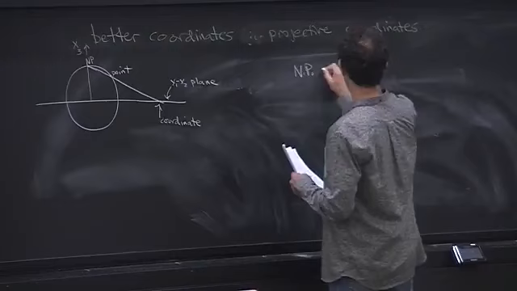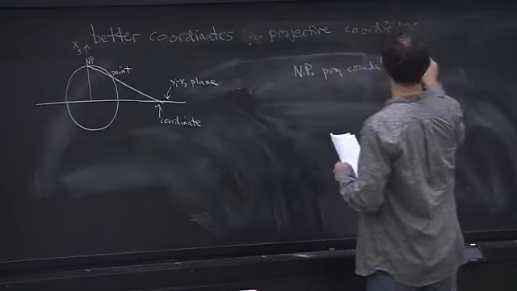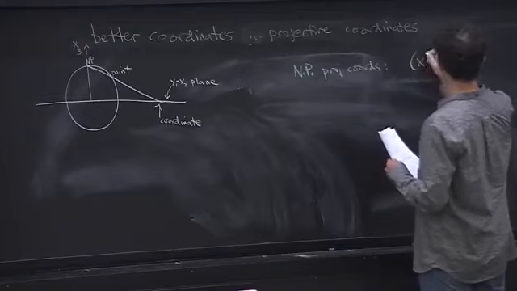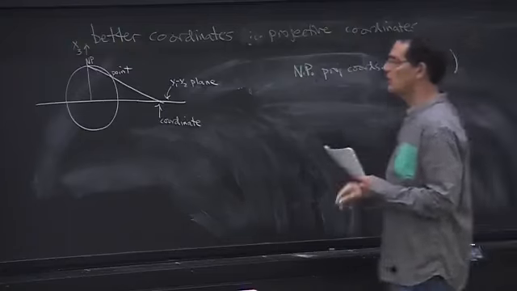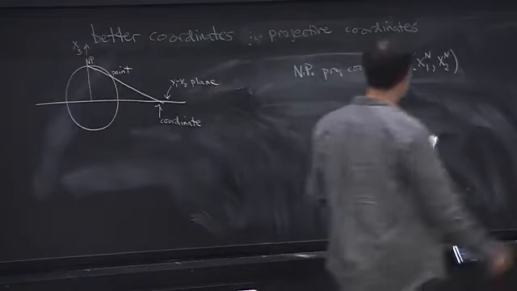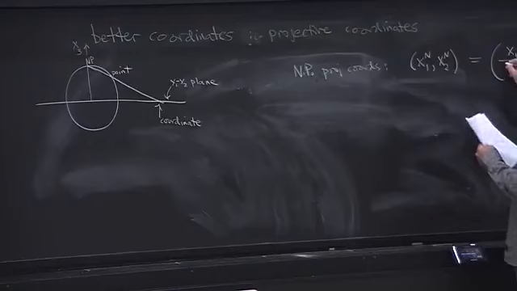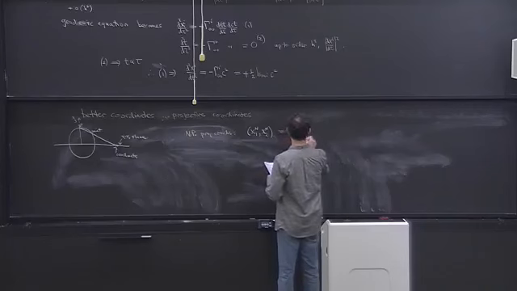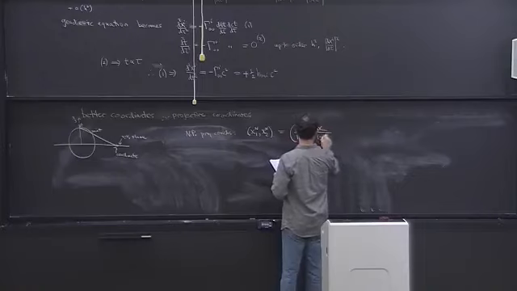So the North Pole projective coordinates are defined as follows: every point has two coordinates, x1n and x2n, and this is equal to x1, the coordinates in 3D, over 1 minus x3, x2 over 1 minus x3.